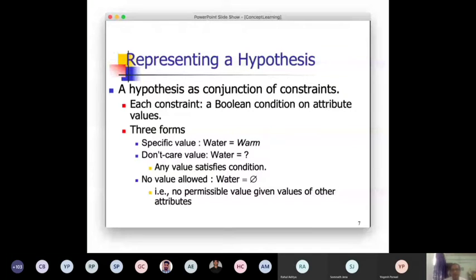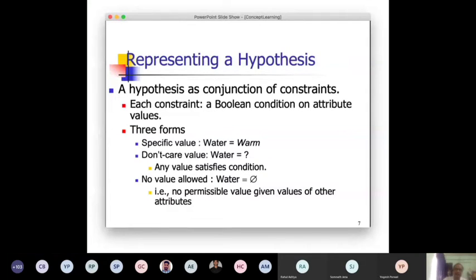But these values are also there. As in target functions in the space, you can always consider that none of them are true. You are not really favoring that attribute in a way. So you see that these are the three forms.